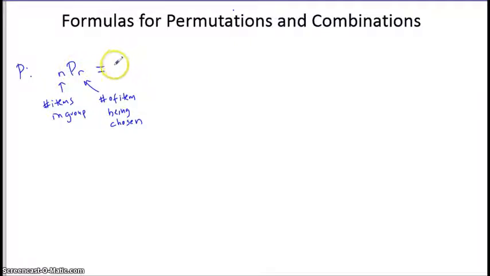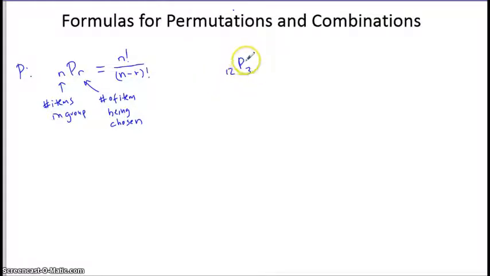The formula for that is where factorials come in. That's why I said we needed to be good at them. It's going to be n factorial divided by n minus r factorial. So for example, with the 12-person committee we had just done, we would have had 12P3. We're choosing 3 people from a group of 12.